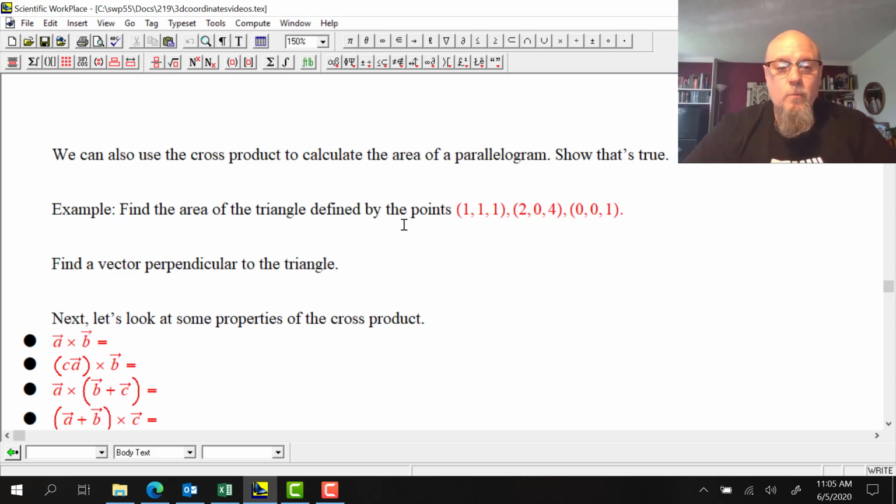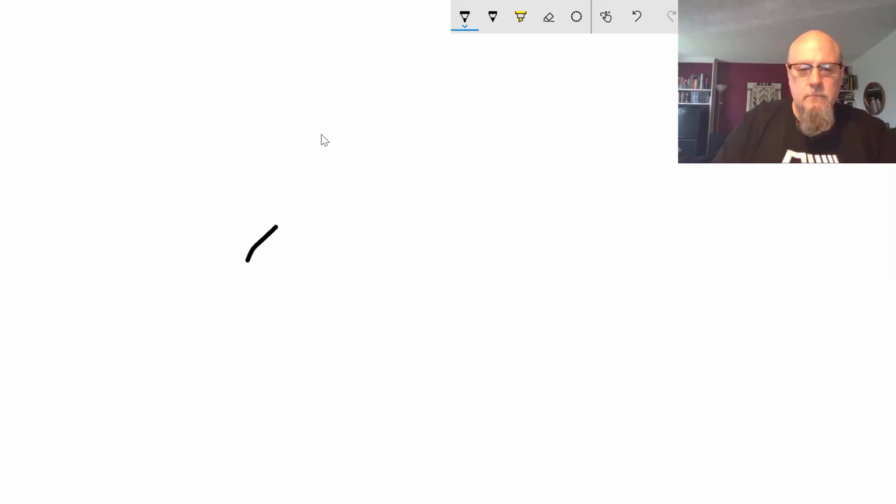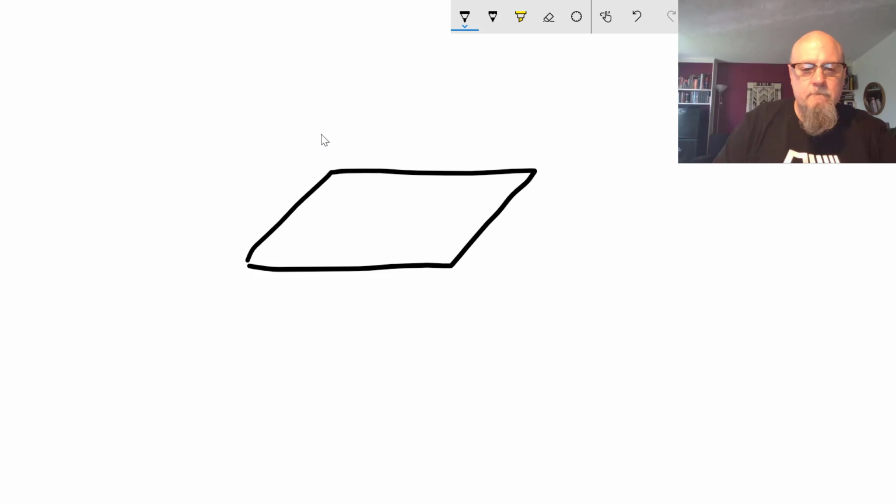We could use the cross product to calculate the area of a parallelogram. Okay, I guess we could. Say we wanted to. So here's a parallelogram.